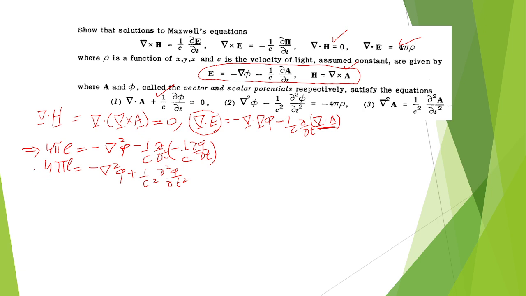If I multiply with the negative sign, this will become plus and this will become negative. So this is exactly condition 2.